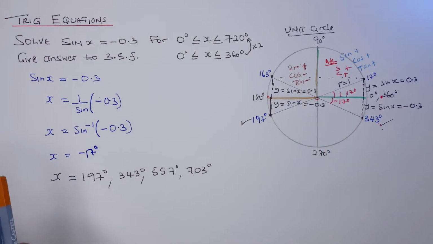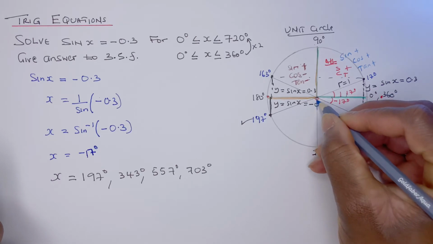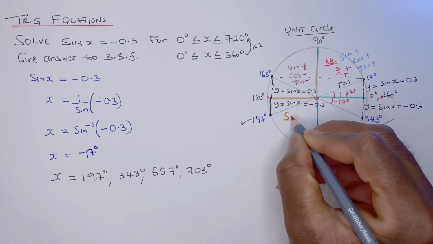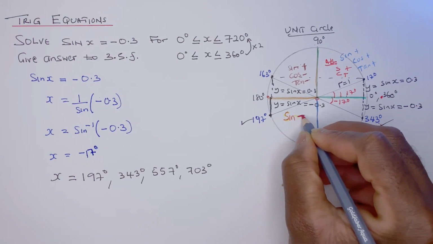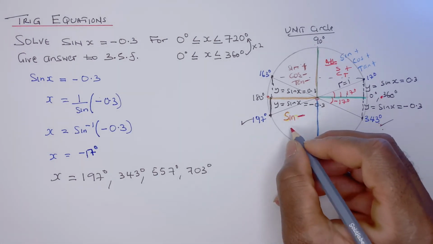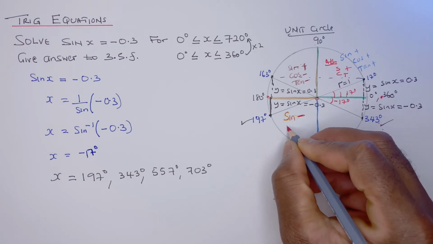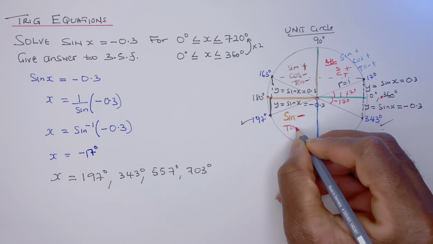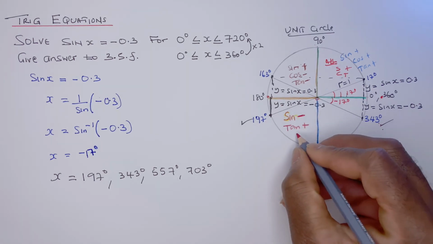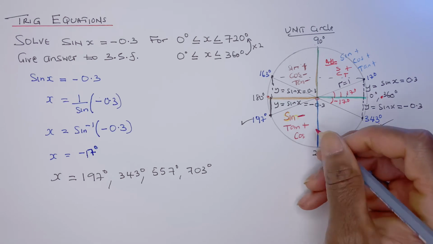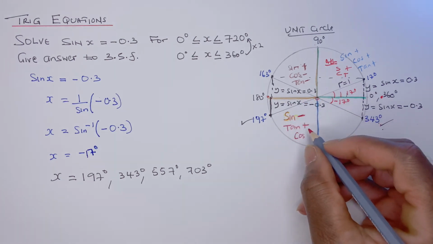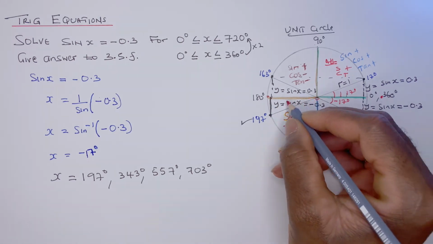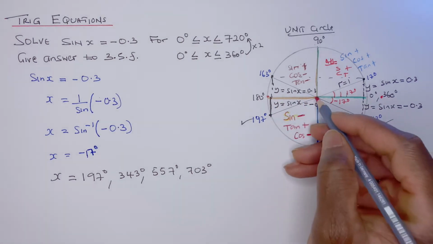And in the third quadrant here, sine will be negative, and tan, because that's negative over negative, so tan will be positive, and cos will be negative here, because cos is the x value, so that's negative.